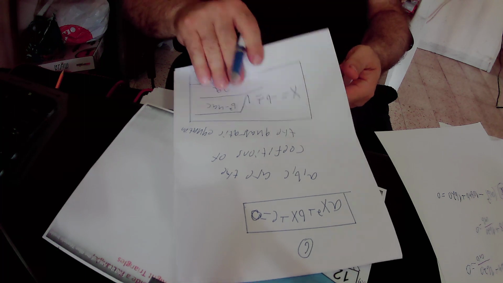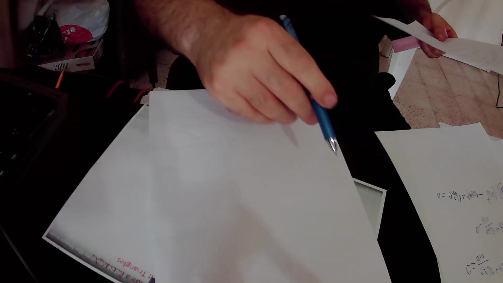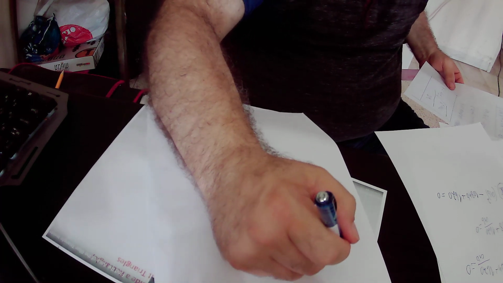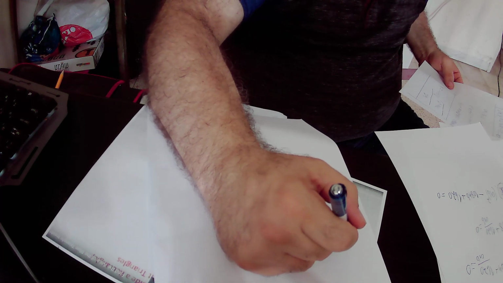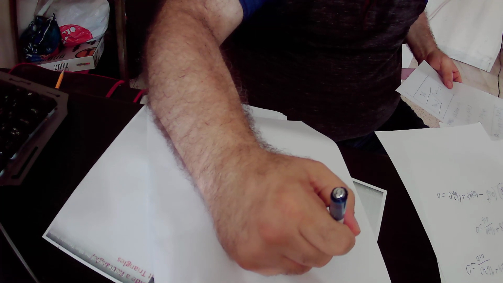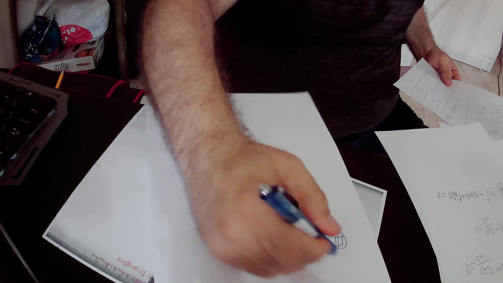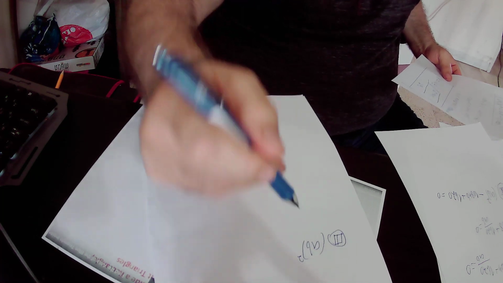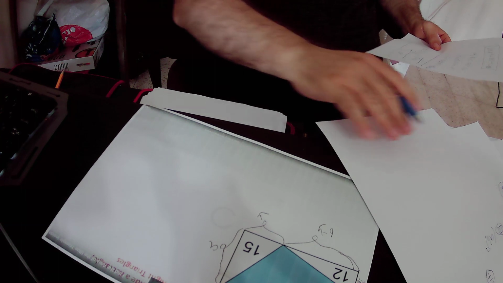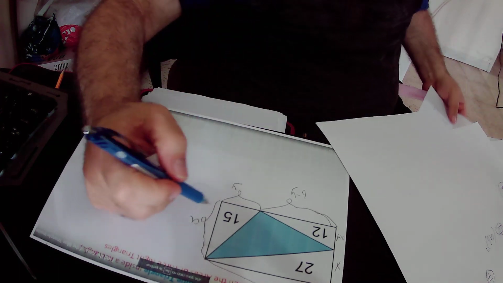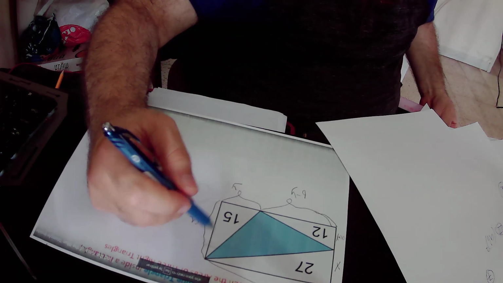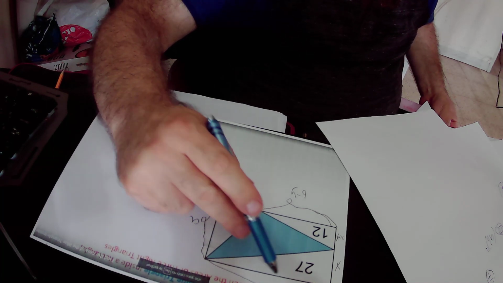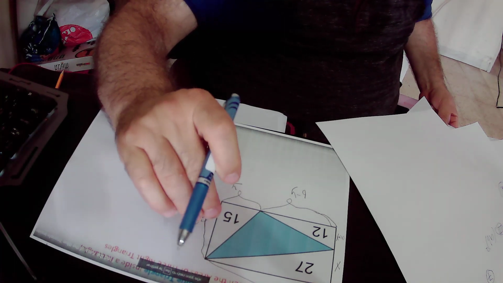Our quadratic equation is AB squared. You should also remember that A is the width of the rectangle and B is the length of the rectangle.